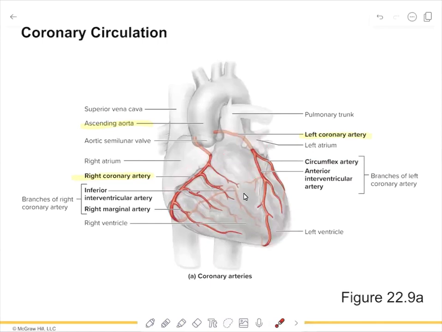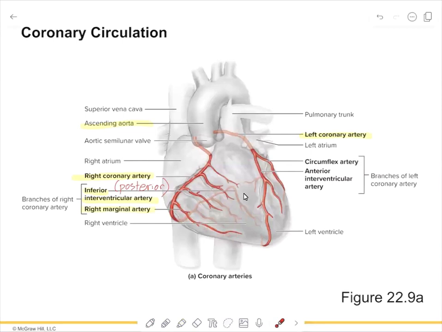The branches on the right side here, there's two of them. There is an inferior interventricular artery, which actually crosses to the posterior side of the heart. So we'll see it on the next slide. The other branch of the right coronary artery is the right marginal artery, which is going to descend down here to where the right ventricle mass is found.